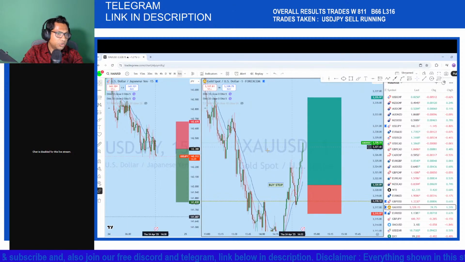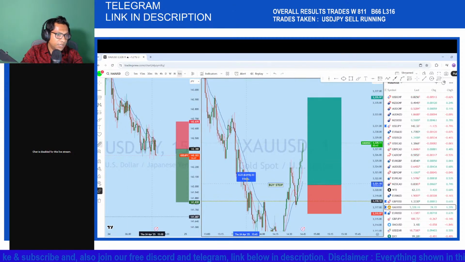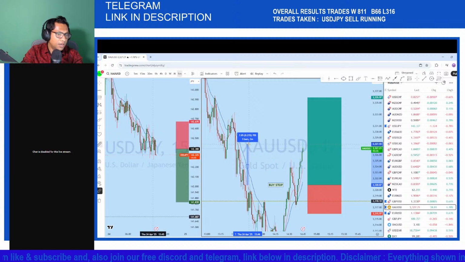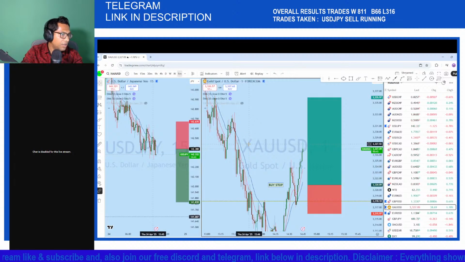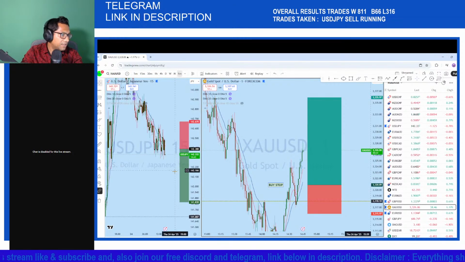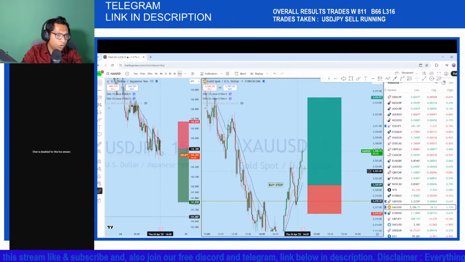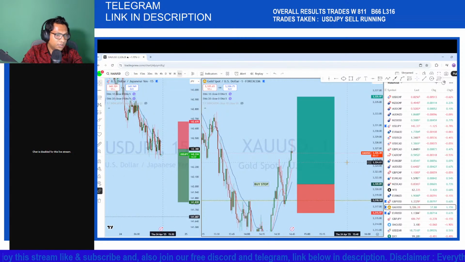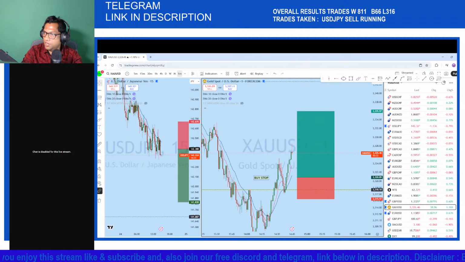Alright guys, you with me? So with this trade, say yes if you are running this. Currently you are running 71 pips profit. Dollar yen has grabbed multiple liquidity, expecting it to break below, while XAUSD is also slowly gathering that liquidity.